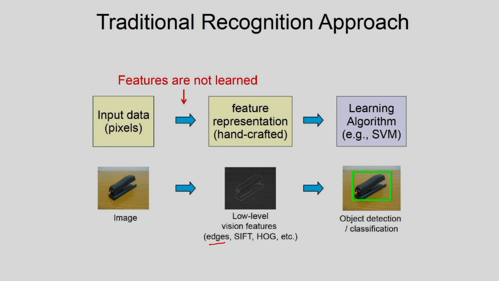These features we can consider for image recognition, image classification, object recognition, and after this we can apply the pattern recognition algorithms like support vector machine or some other supervised or unsupervised techniques for object detection, object classification. So this is a typical traditional pattern recognition system.